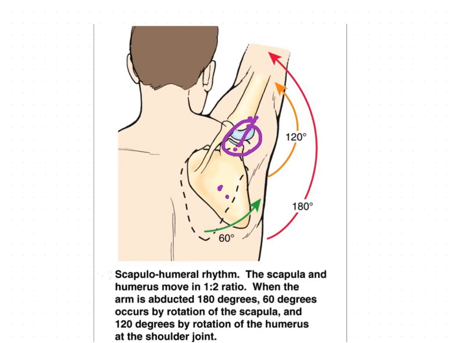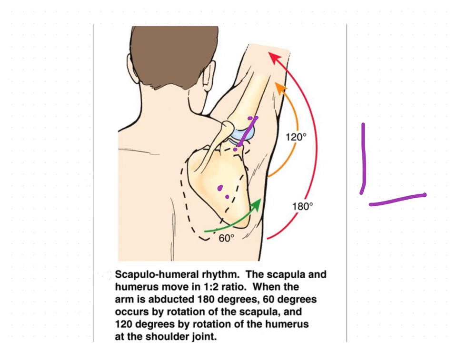Okay. During the initial 60 degrees of flexion or the initial 30 degrees of abduction, what is going to happen? During abduction of the humerus, an inconsistent amount and type of scapular motion takes place relative to glenohumeral motion.